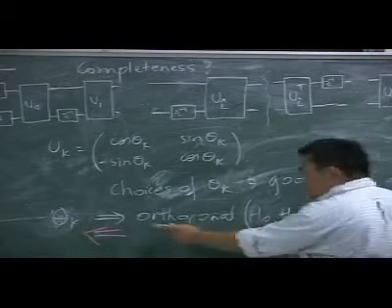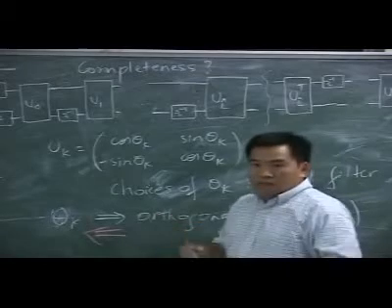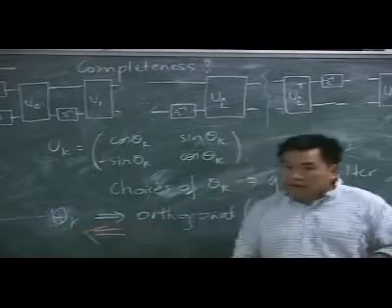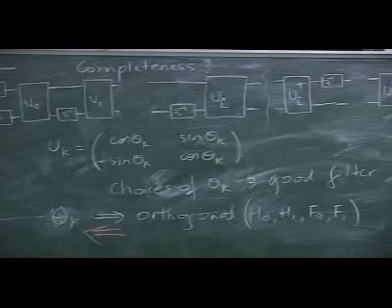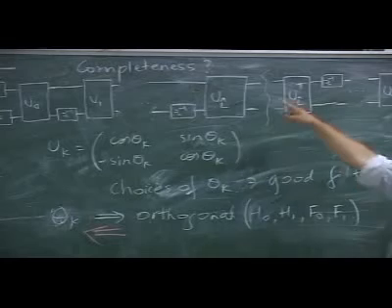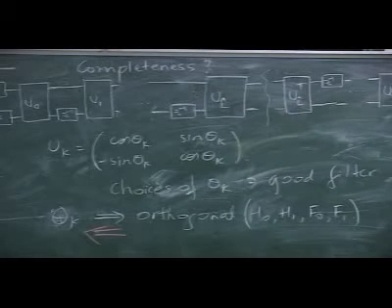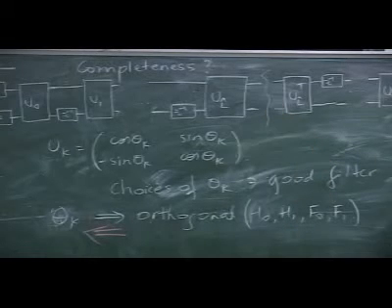Take those filters, it's just orthogonal, and I'm giving that to you. I will say, can you find me a unique set of theta k that represent those filters? If the answer is yes, then your structure is complete, and therefore it's the most general structure. If the answer is no, this is not useful. Right?